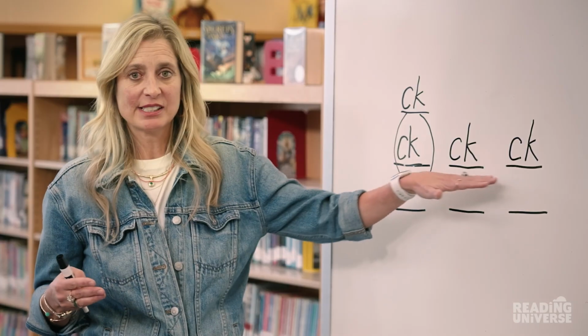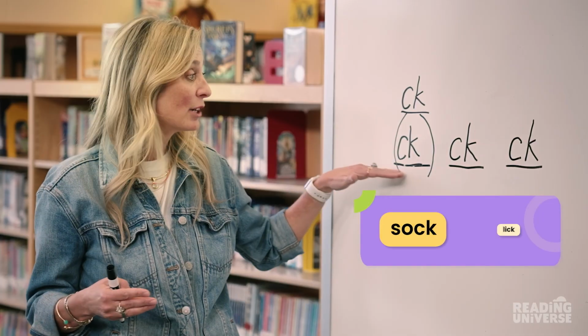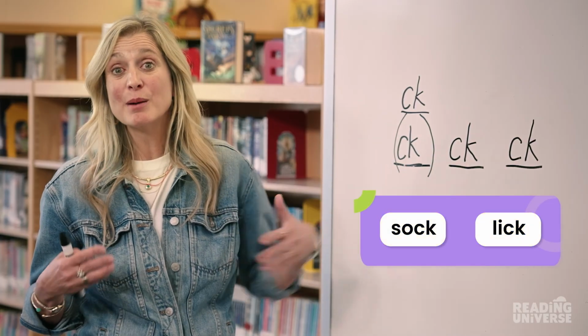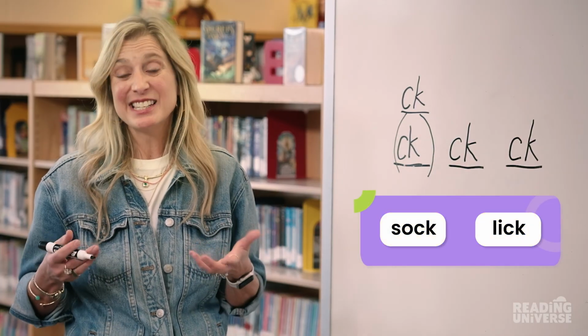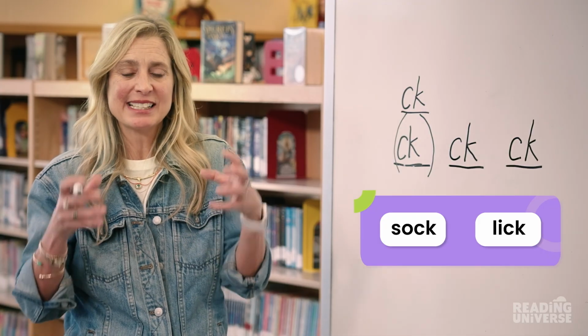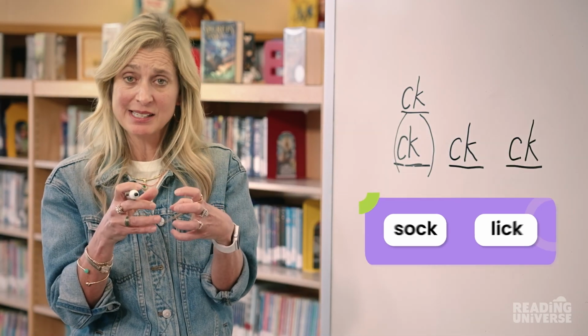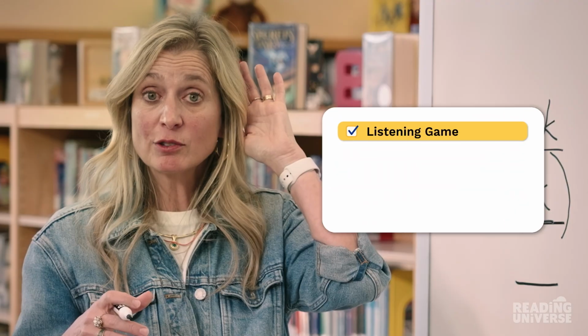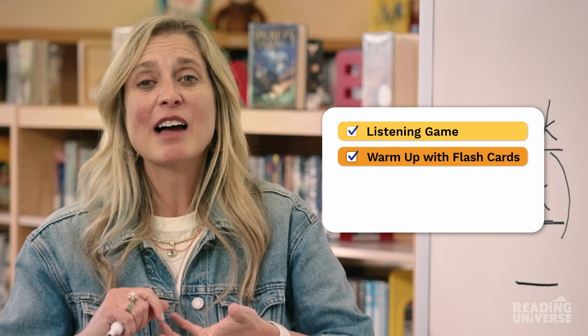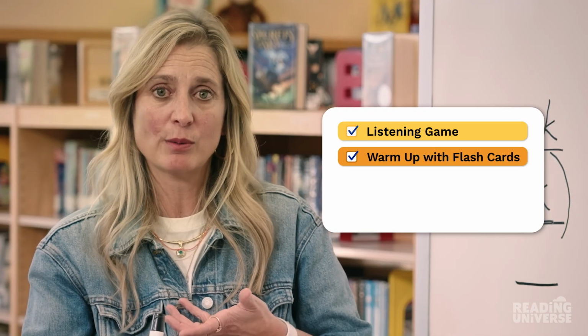Now, let's talk about the words that I chose for the sound dictation. Here, I chose only words that model the CK rule because that's what we're practicing and we're keeping this super tight. We need kids to listen for short vowels. We need for them to have practice reading short vowels in their deck.